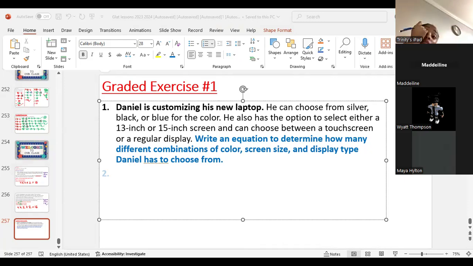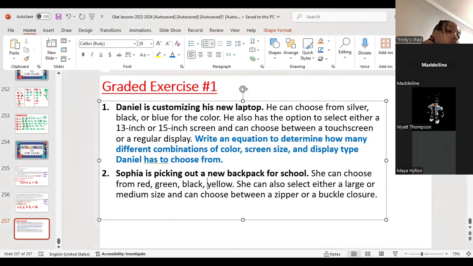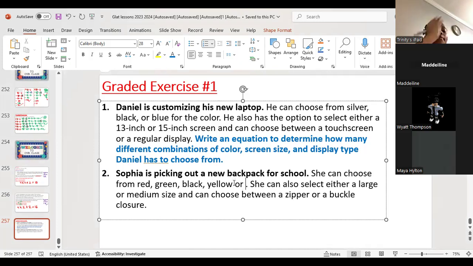Number 2. Sophia is picking out a new backpack for school. She can choose from red, green, yellow, or orange.